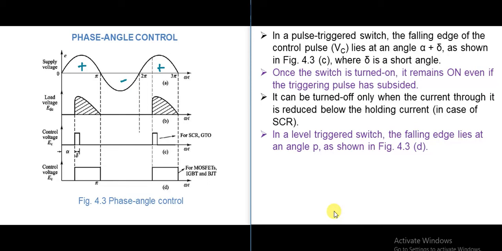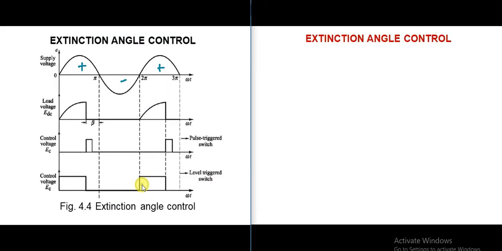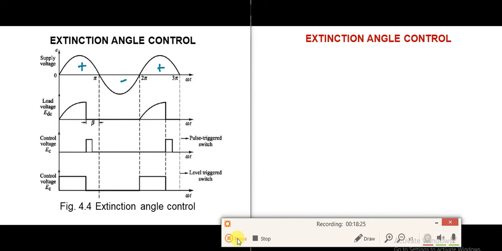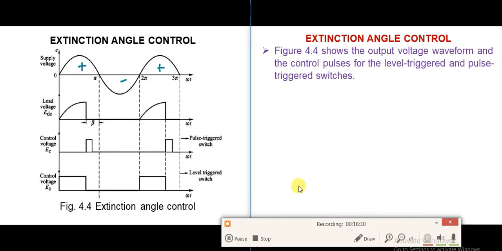In a level triggered switch, the falling edge lies at an angle pi, as shown in figure D. Extinction angle control. This figure shows the output voltage waveform and the control pulses for the level triggered and the pulse triggered switches.